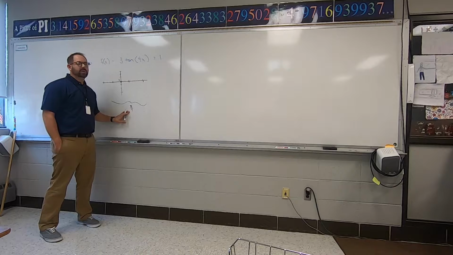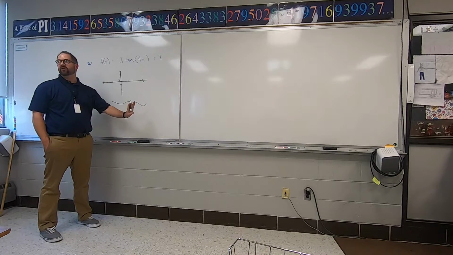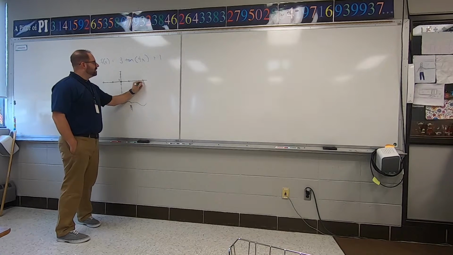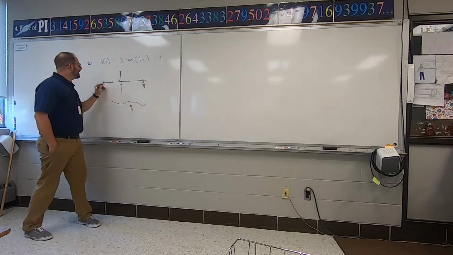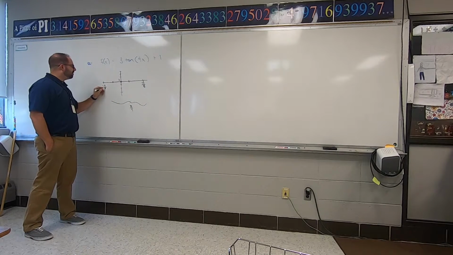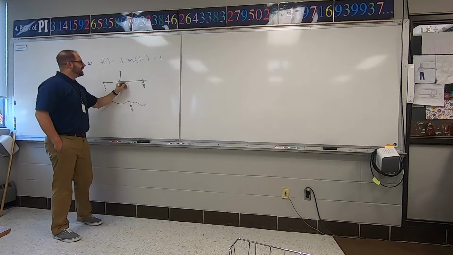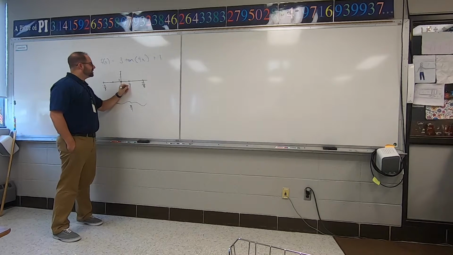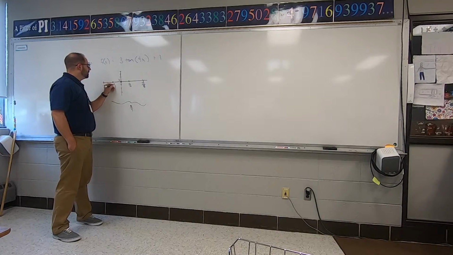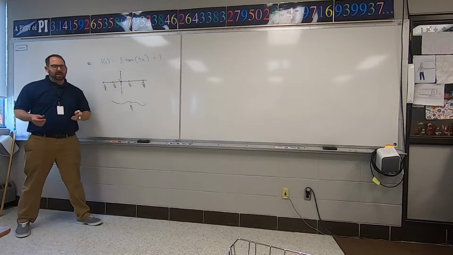So the full distance is pi over 4. So half of that is pi over 8, and the other side is negative pi over 8 because I'm doing half and half. That's half of pi over 4, right? Half's on the right, half's on the left. And we still have to cut that in half again, so this is pi over 16 and negative pi over 16.